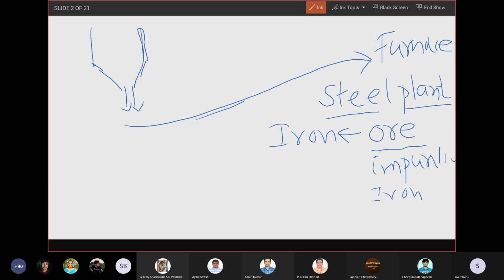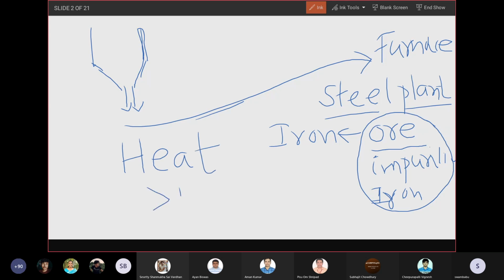In the steel plant, what they do is heat this ore at temperatures higher than 1100 degrees centigrade.